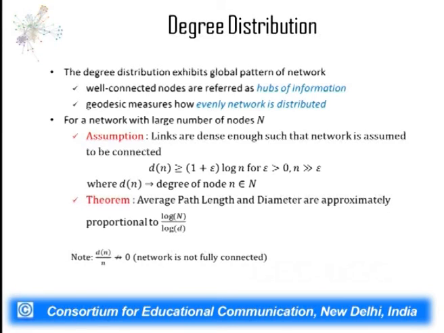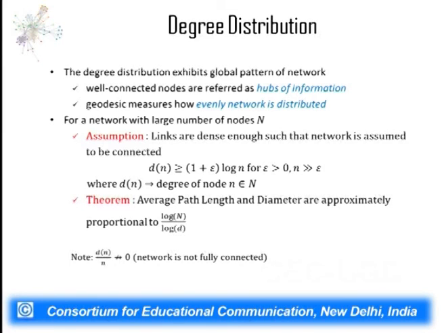Now, to understand this distribution more, let's look at this theorem. This theorem is very important, and the assumption is that the links are dense enough such that the network is assumed to be connected.